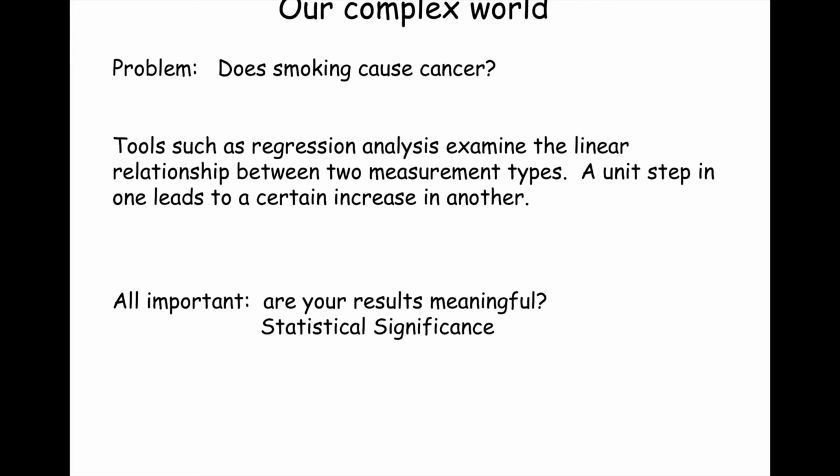And so when you report or you find your results, you want to ask yourself, not only do I see my results and I know the relationship between multiple measurements, are these relationships meaningful? Are they significant? That's a really important thing to measure, right?